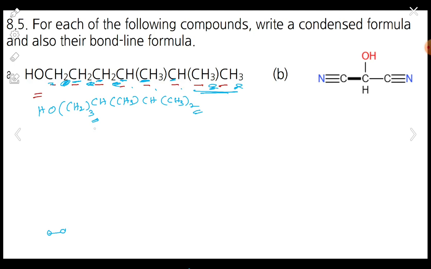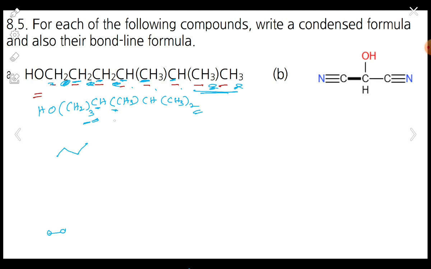Here from the condensed formula also you can calculate. So you can imagine there are 3 carbons in a linear chain. So let me put 3: 1, 2, 3. Then I have a fourth one, 4, and then I have a branch.